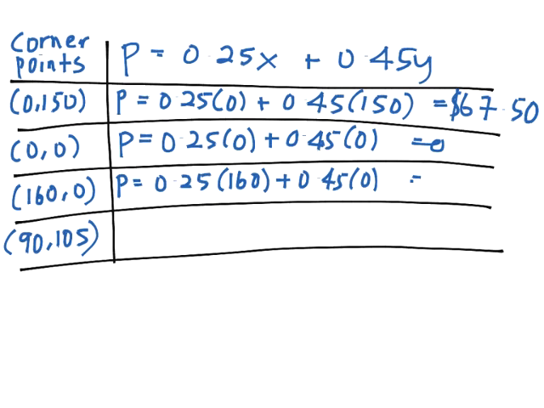So 0.25 multiplied by 160 gives $40 for our profit.